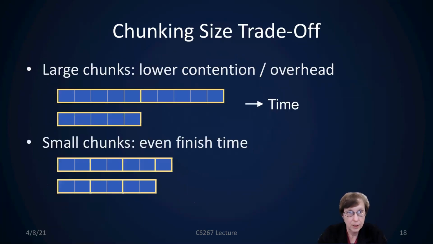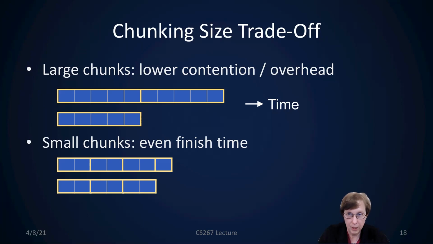If K is too large, you lower the contention overhead of accessing the queue because you get a big chunk of things off, but your finish time can be very uneven. Whereas with smaller chunks, you can have a much more even finish time, but much more contention and overhead for accessing the queue. I'm rolling all of the costs of pulling something out, copying the data, and moving it into the cache into that overhead.